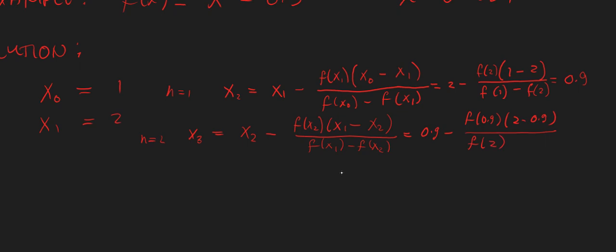This is now f of 2 because our previous xn minus 1 is x1, which is equal to 2. So minus f of x2, where x2 is equal to 0.9. Then calculate this again. What is f of 0.9? 0.9 cube minus 0.3, f of 2, 2 cube minus 0.3, and so on.